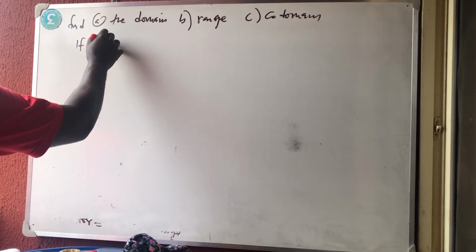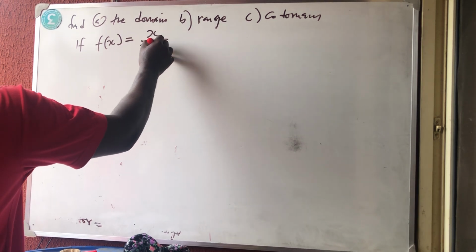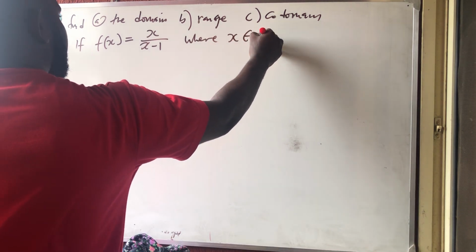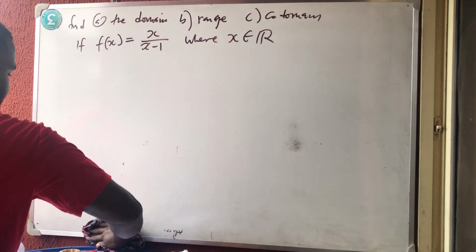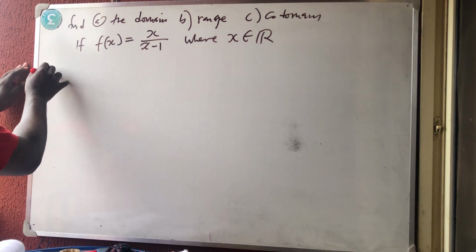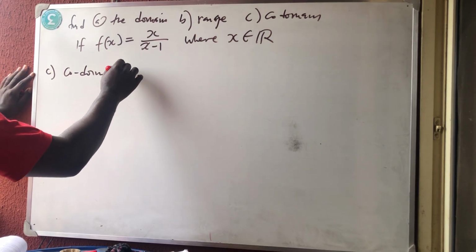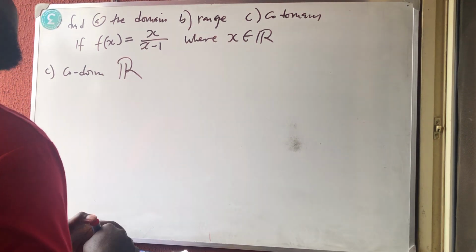If f of x is equal to x over x minus 1, where x is an element of the real numbers. In this one they've told you where the codomain is going to. The codomain is R, which is the larger set. Then let's find the domain.